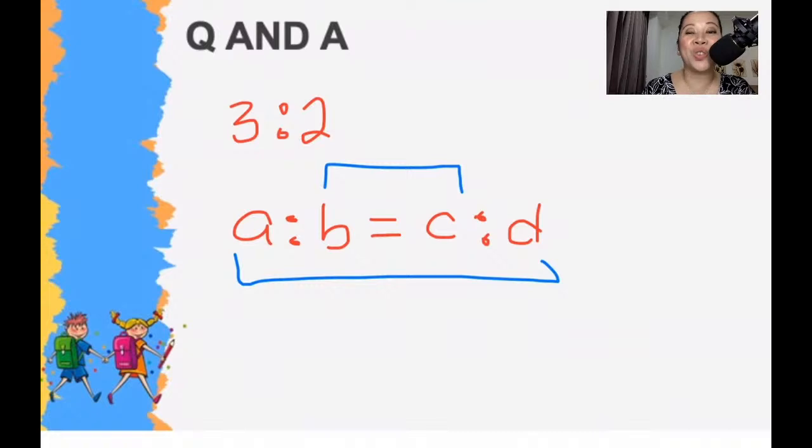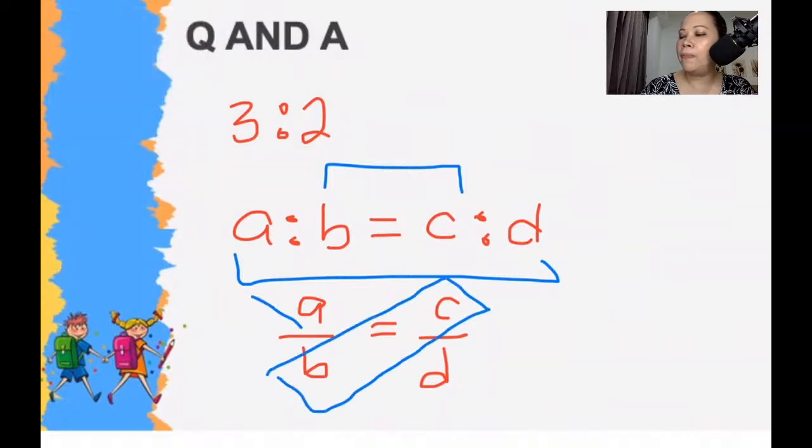That's why it's called extreme. It can also be represented in fraction form, A over B equals C over D, and then all you need to do is cross multiply: B times C and A times D.